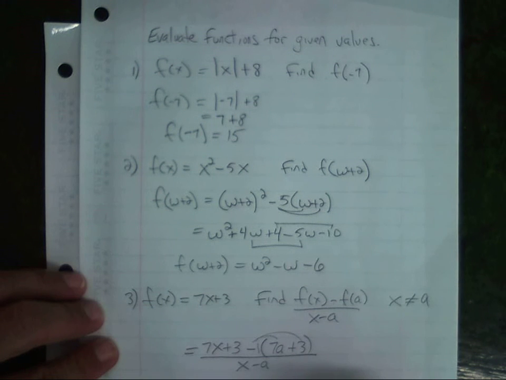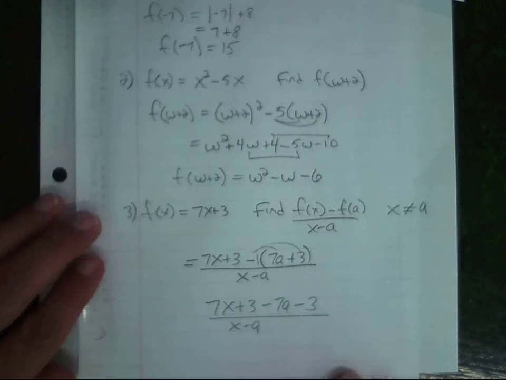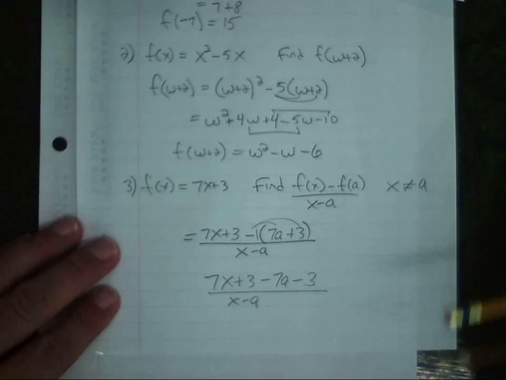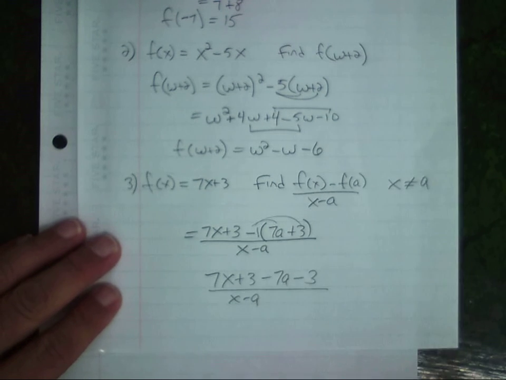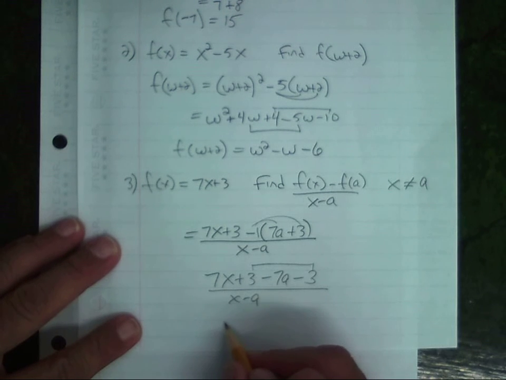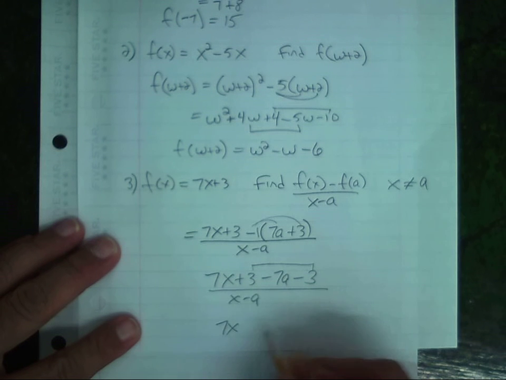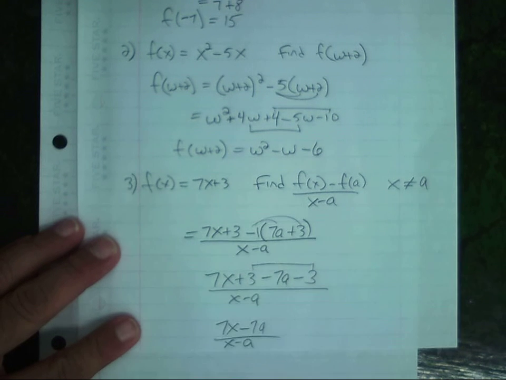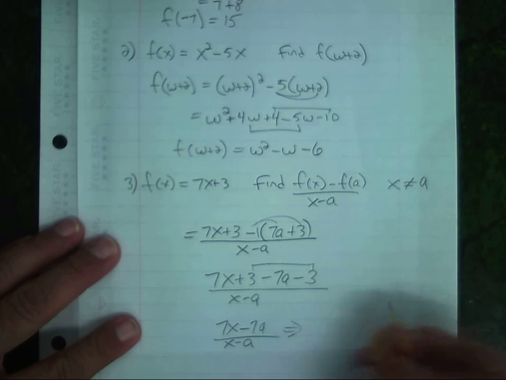7x plus 3 minus 7a minus 3 over x minus a. Sorry, went off the screen a little bit. Like terms, 3 minus 3 is 0, so I have a 7x minus 7a over x minus a. The top terms have a 7 in common.